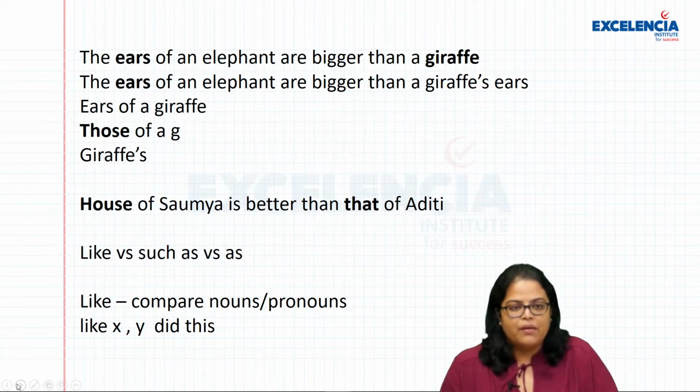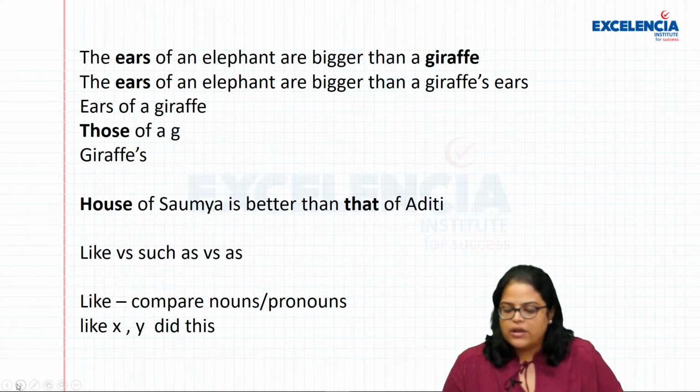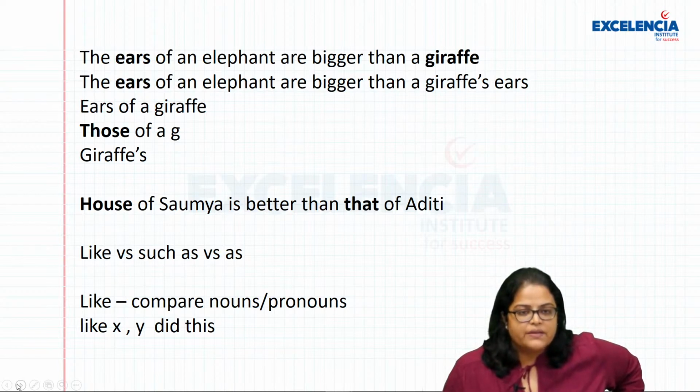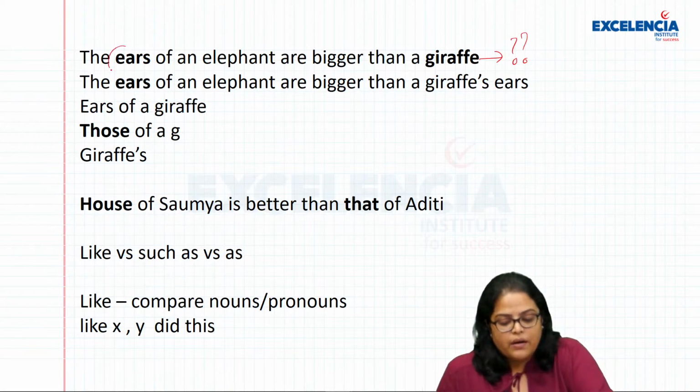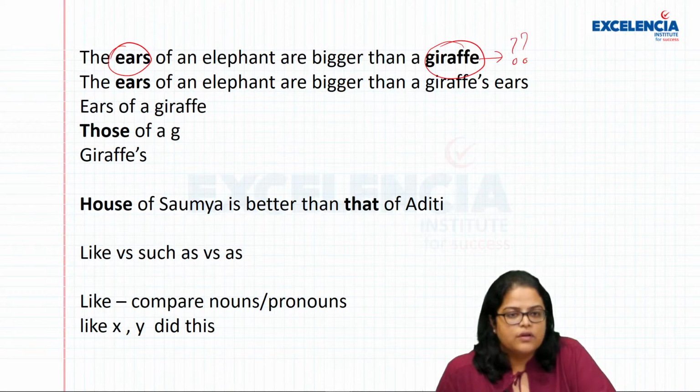So in this example, tell me, Jill, the ears of an elephant are bigger than a giraffe. Is that right or wrong? This sentence, is this right or wrong? Ears of an elephant, Jill, I'm comparing to a giraffe. No, that's wrong.